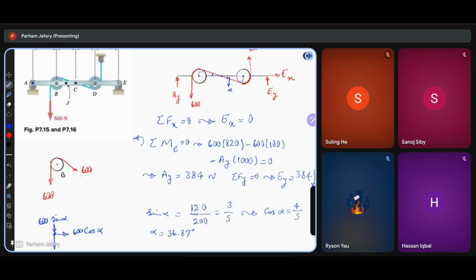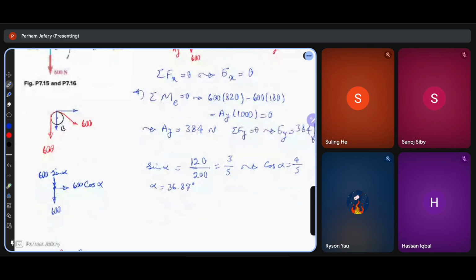So if I want to replace that, this 600, the second one, has X and Y components, which are 600 times cosine of alpha and 600 times sine of alpha. Does it make sense? Do you all understand this?